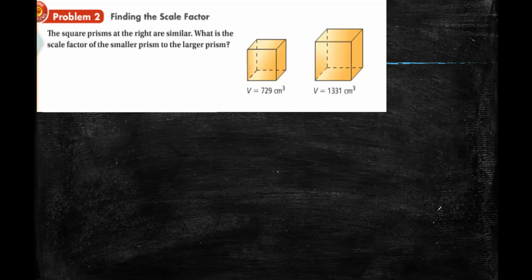If you compare the volume of the first one with the volume of the second one, we will write a cubed over b cubed. That means if I compare these two volumes, I will write the cube of the scale ratio.